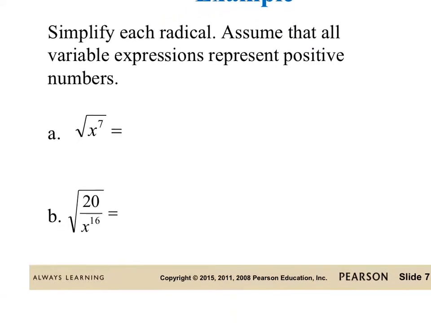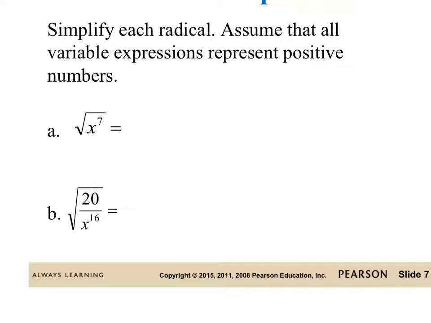So again, we're going to try to simplify the radical expressions. And we're assuming that variables represent positive numbers. So our first example is to take the square root of x to the 7th. So like we had before, we're going to break that up into the square root. And I'm just going to write the index just as a reminder that things come out in pairs.